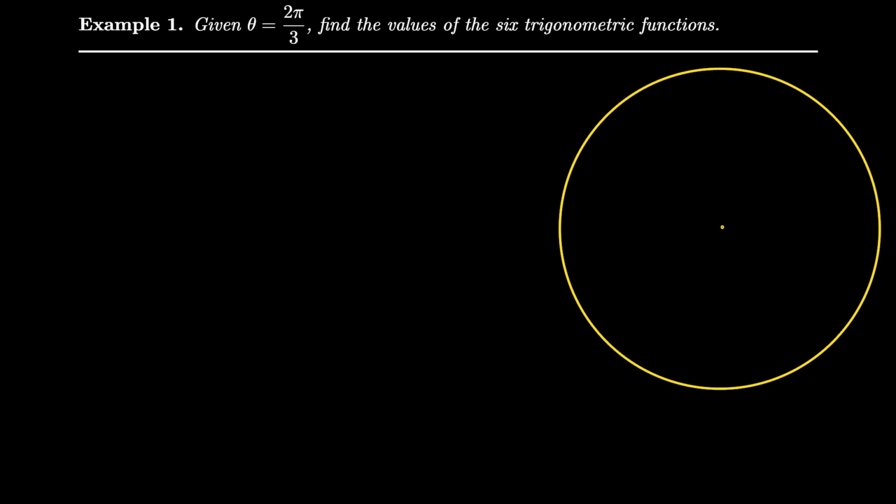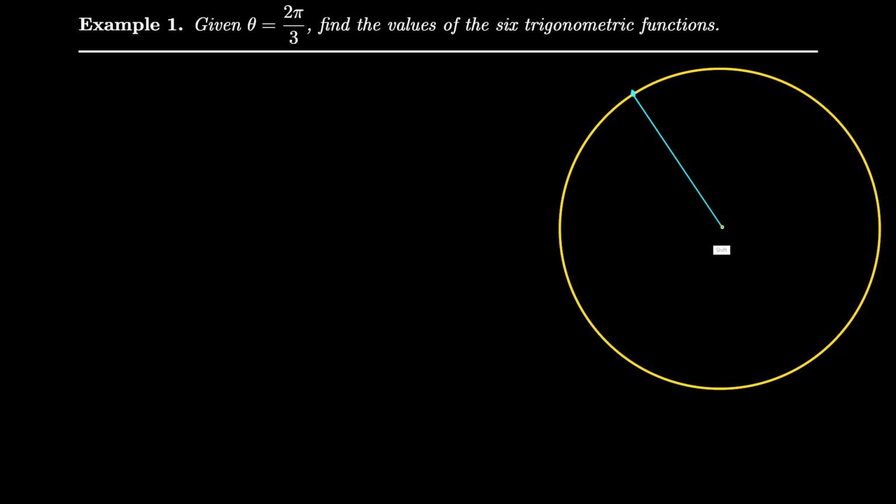Now, you all should know that pi over 2 is straight up, and 2 pi over 3 is roundabout here, I'd say. So that right there is 90 degrees. And then if I come over another 30 degrees from there, that's close enough. So this point right here is 2 pi over 3. This is the terminal side.